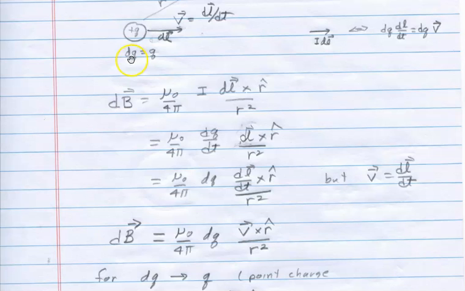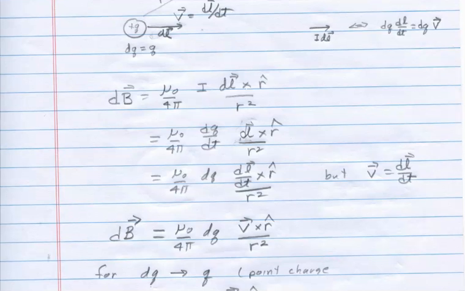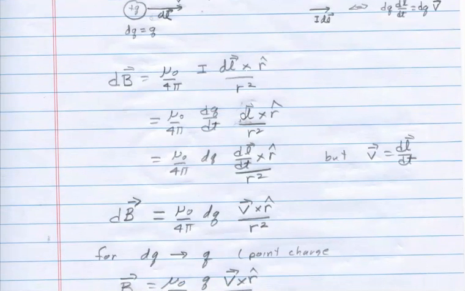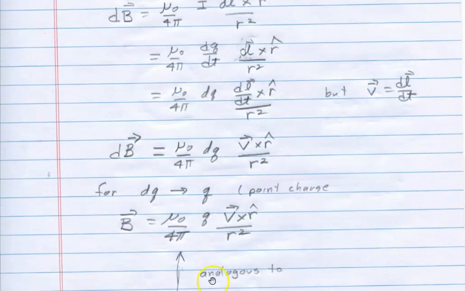So long as dq is small, that's going to hold, and so I'm now thinking of this dq as just a point charge, which would have something on the order of 10 to the minus 19th coulomb, so a very small amount of charge. And then I get the magnetic field produced by a moving point charge, moving with velocity v.